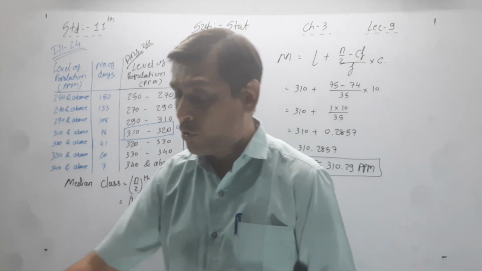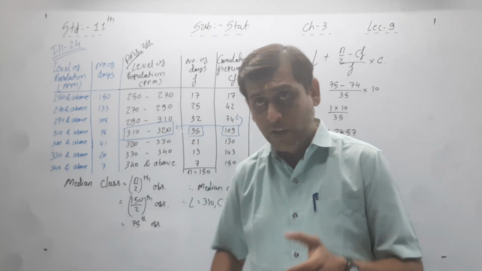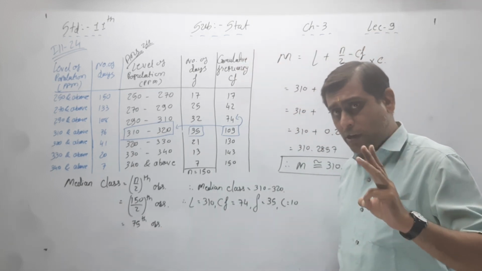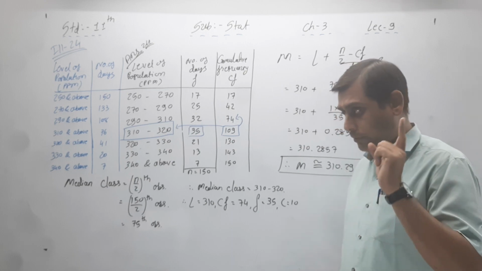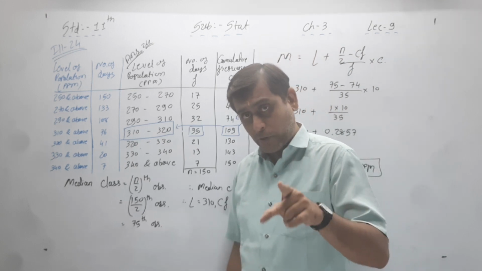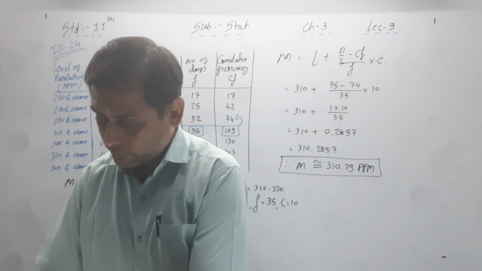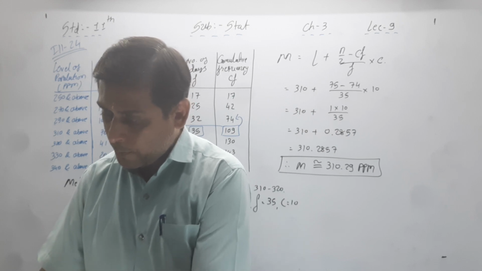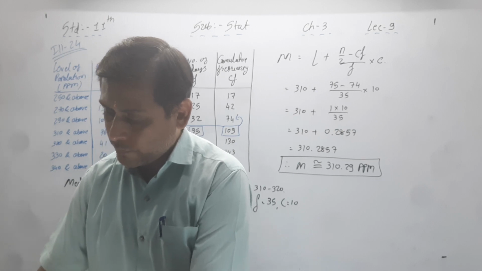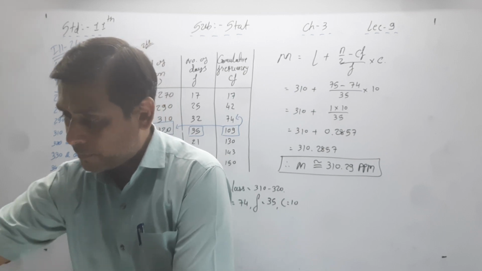So now you have to do your homework. First of all, SLP: write down the 3 methods of median as well as any sum for all the types of methods. Okay, and then see homework, exercise 3.4. Here in exercise 3.4 the fifth sum is over.